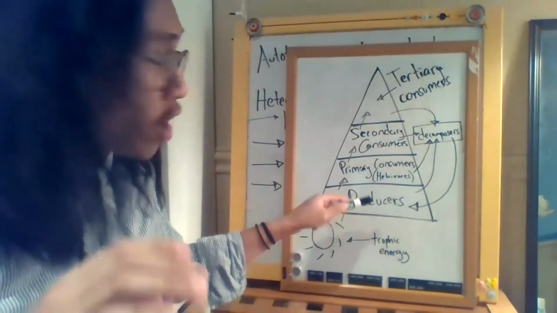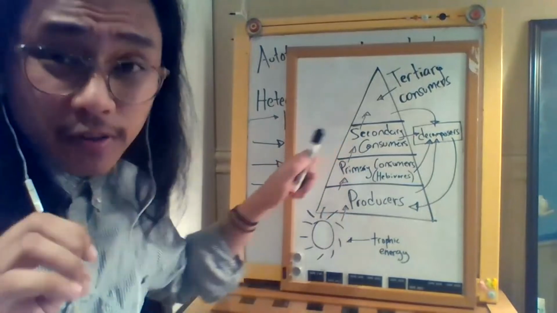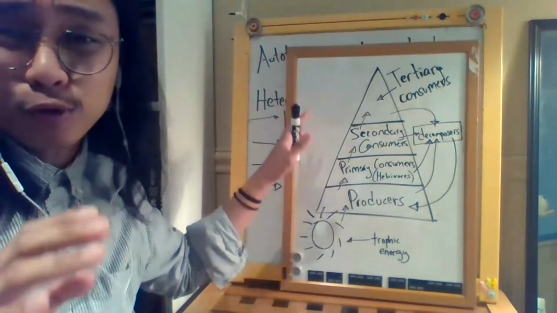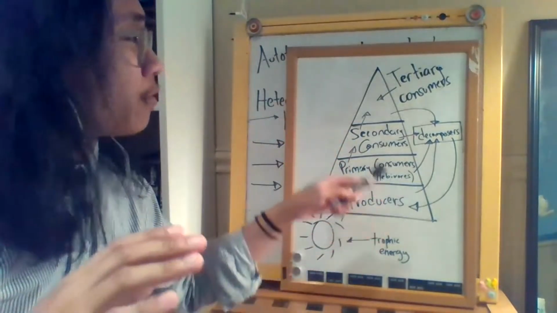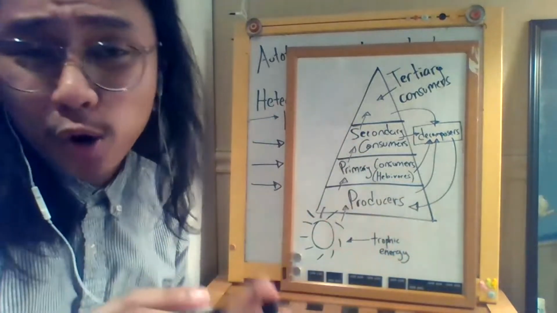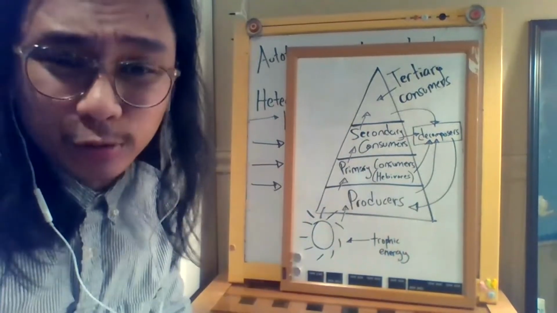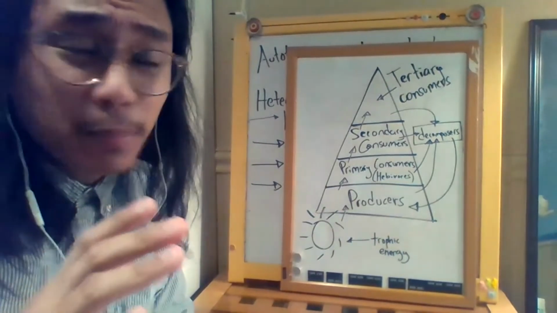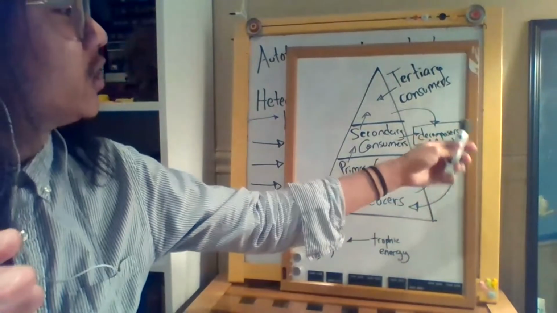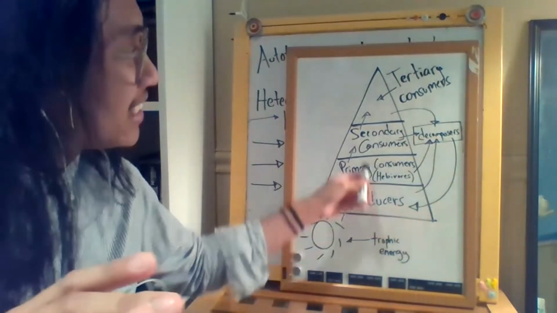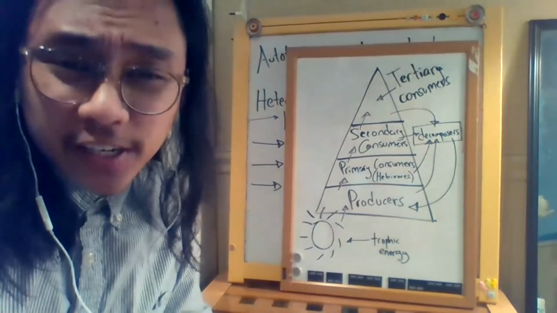All these trophic levels of the food web, remember this is still the food web but in the form of a pyramid, provide energy to decomposers, one of the types of heterotrophs. And these decomposers in turn provide energy to our producers, and we can see a cycle continue.